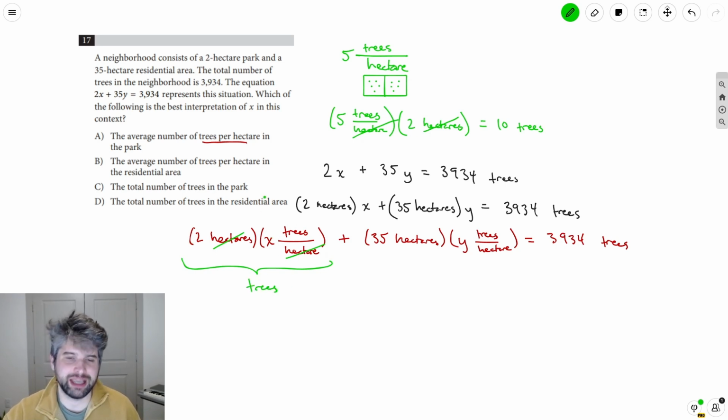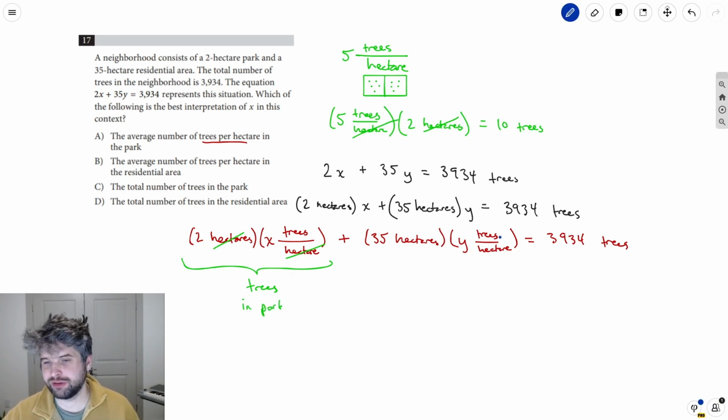And specifically, it's the number of trees in where? Is it the park or the residential area? It's the park, because this 2 was the size of the park, and this x is the average number of trees per hectare in the park. So this is the number of trees in the park.